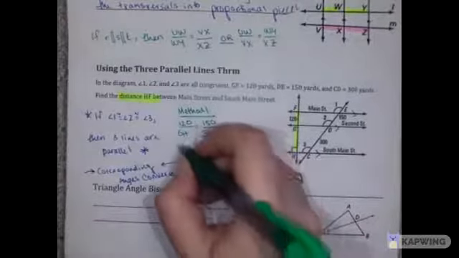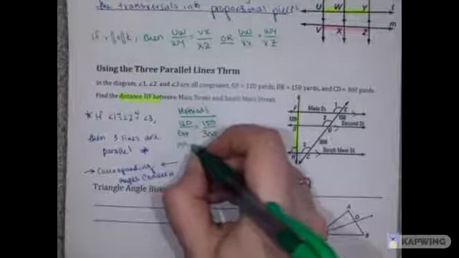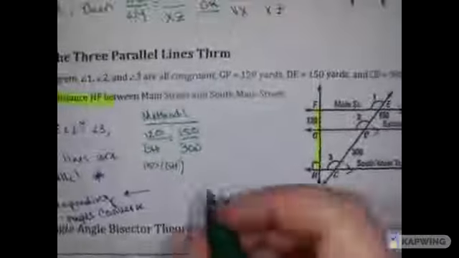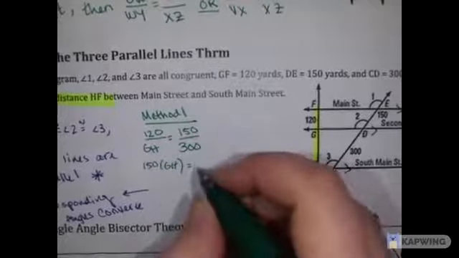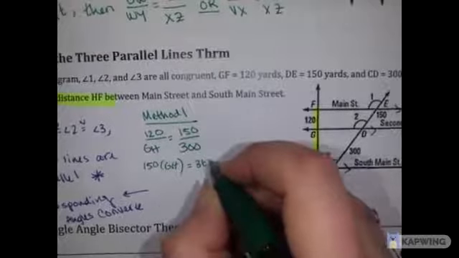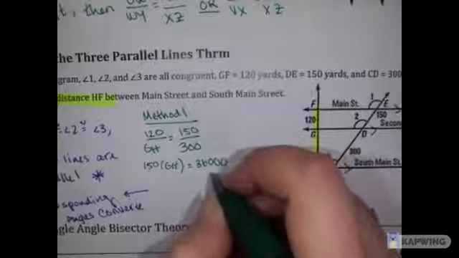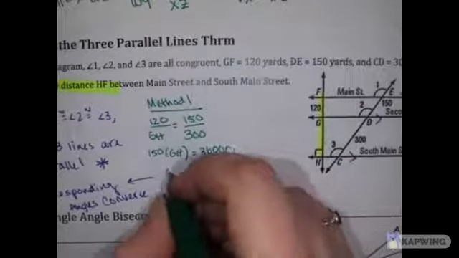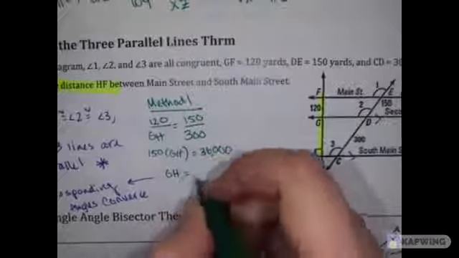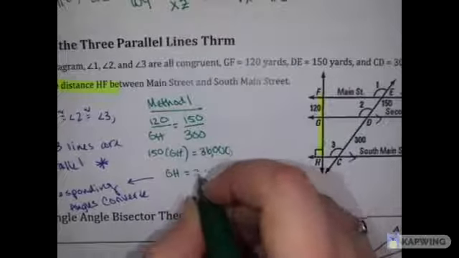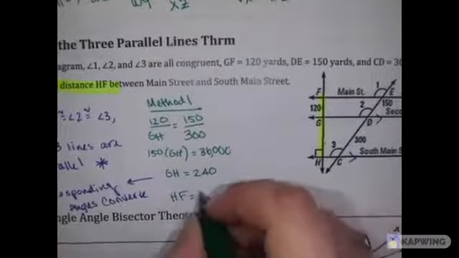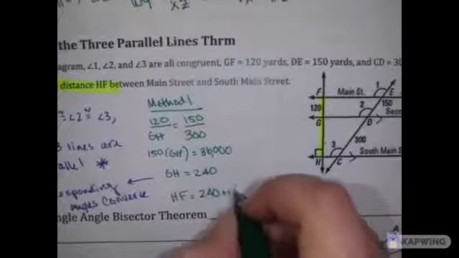So cross multiply, you get 150 times GH equals 120 times 300, which is 36,000. Divide by 150, GH is 240. And then you would get HF by adding 240 and 120.